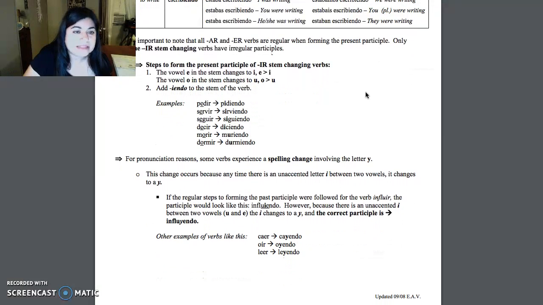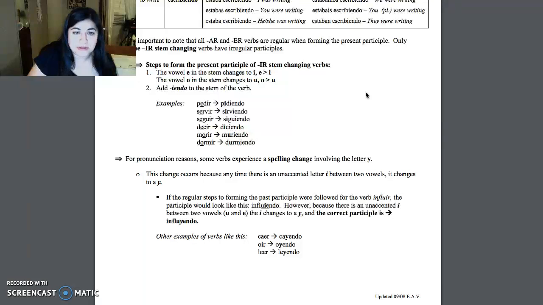And remember, last time we already wrote these with the present progressive. So we should have all of these down in our notes. You may rewrite them if you would like, or you may refer back to your present progressive notes. It's up to you if you want to rewrite those or not.